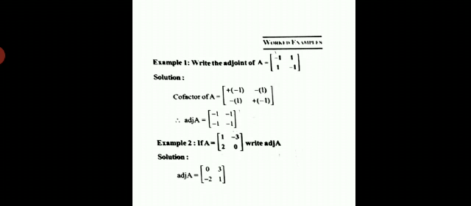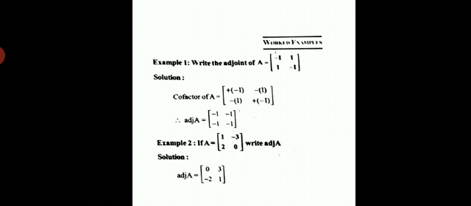So the second example we have done directly without writing the cofactors, meaning we have skipped the step by remembering the hints. That is, the adjoint of A is equal to, in the leading diagonal, 1 and 0 are the two elements.